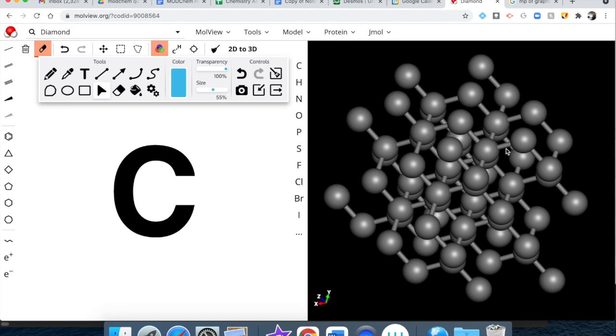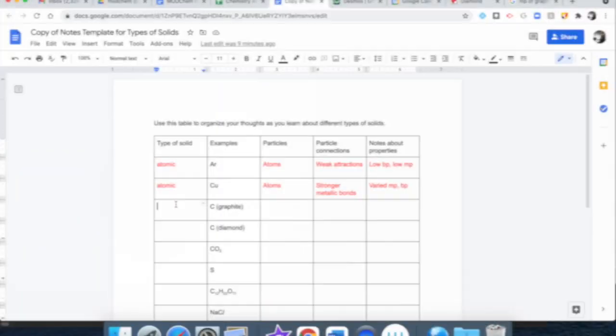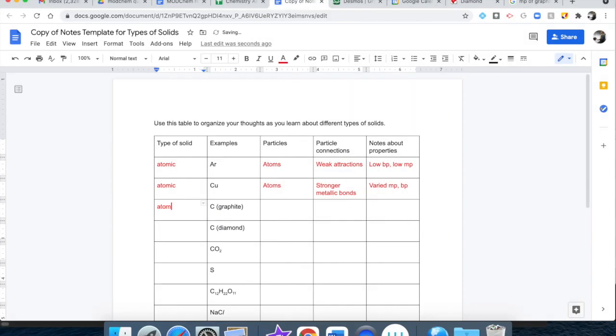Let's go back to our note sheet and make some notes here. Graphite is an atomic solid. Diamond is also an atomic solid. And like all atomic solids, what's present at the lattice sites, at the intersections of that wireframe, if you think about it that way, is atoms.